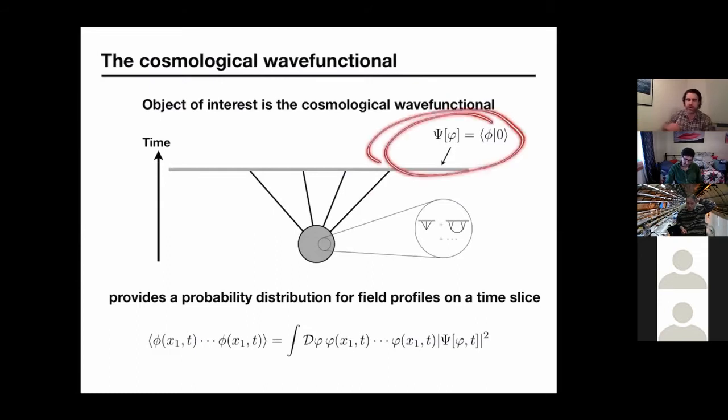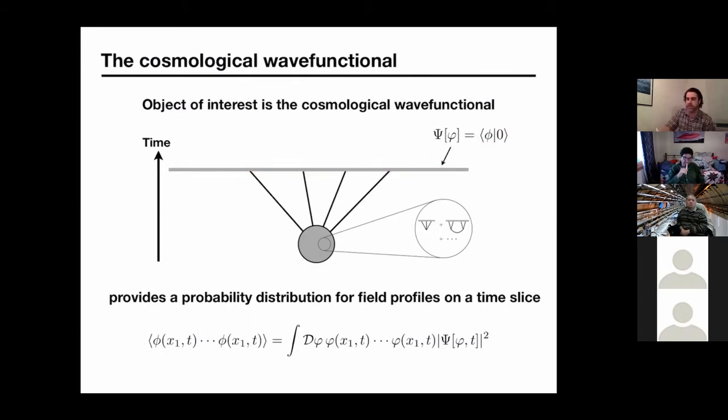So the object that I'm going to be interested in is the cosmological wave functional. We don't often think of field theory in the Schrodinger picture, but actually it's in some senses more natural in cosmology. The object I'm interested in, you can just think of it as the projection of whatever bulk state I'm interested in that has undergone some time evolution. And I'm going to project it onto some Heisenberg picture field states on some time slice, right?